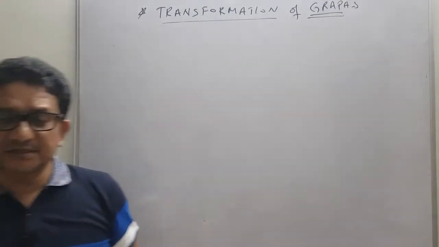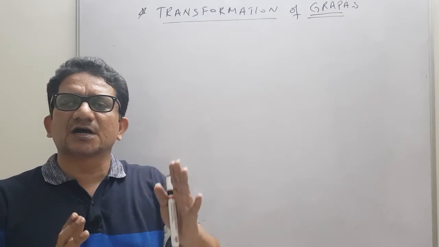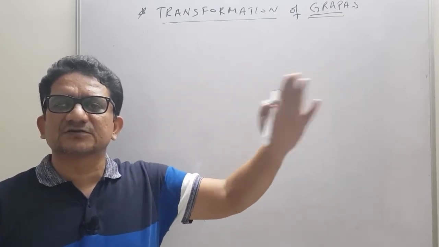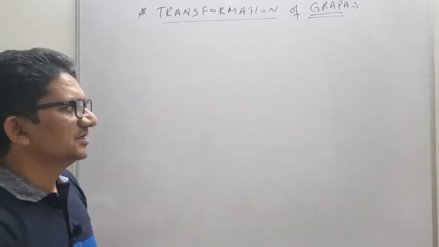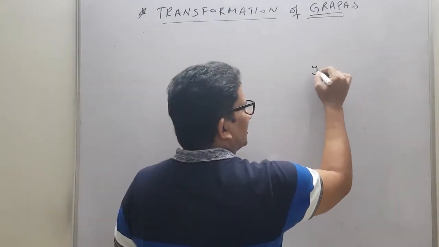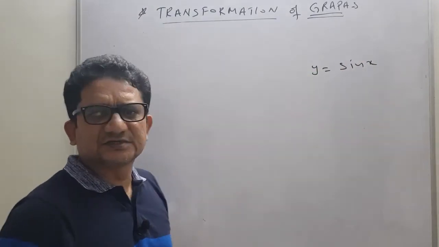So okay students, in transformation of graphs what we will study is how to draw the graph of a function when it is somewhat similar to the original function. Original function means, we know that y equals sin x is a standard trigonometric function and we know the graph of sine also.